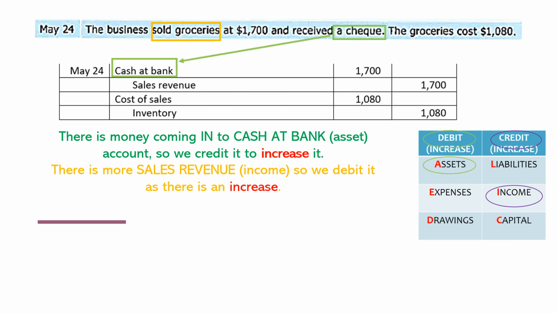So very obviously, check is related to your cash at bank, and sold is your sales revenue. Now, since there is money coming in to your cash at bank, we are going to increase our asset. So that's why it's a debit entry. Sales revenue is an income. So that's why we have a credit entry for your sales revenue.